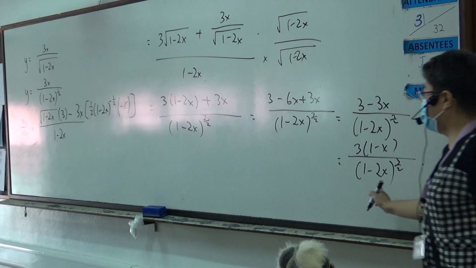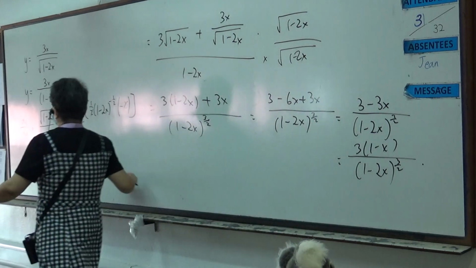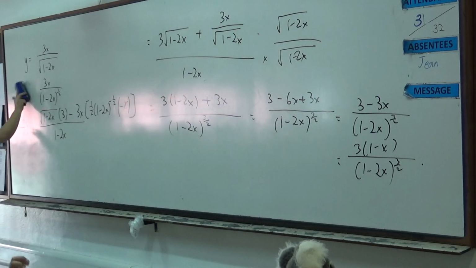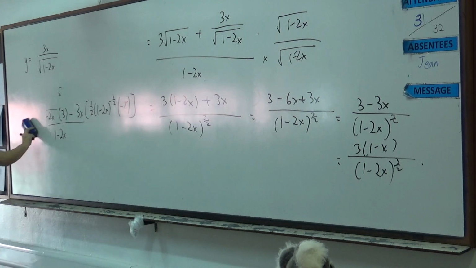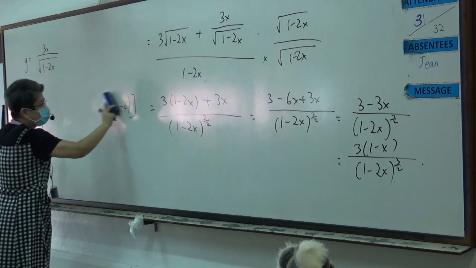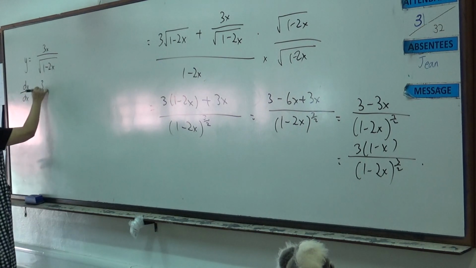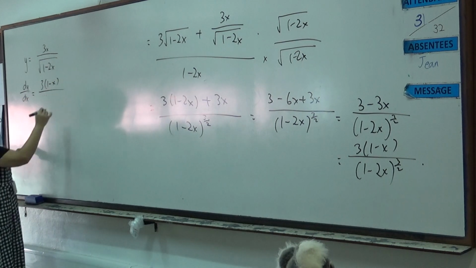Okay, now, a lot of you after here, can I just delete all this because you know dy dx? I'm going to write dy dx over here. There are some equivalent forms that we can accept, okay? So, dy dx, after all the manipulation, I will get.